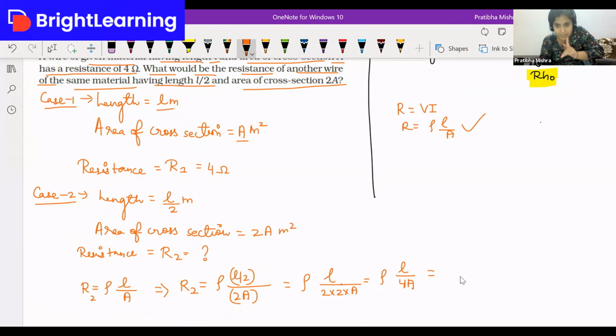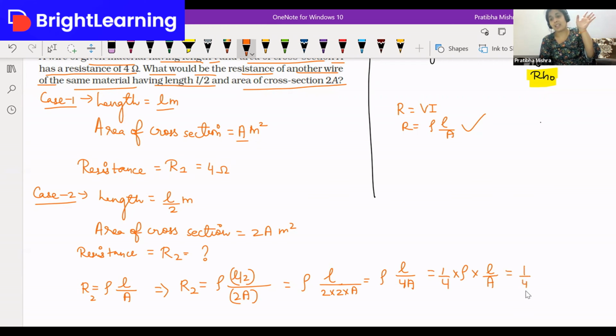Take 1 by 4 outside, or just separate it out. Multiply it with rho, multiply it with L, divide by A. The same thing, you're just rearranging it. First it was L by 4A, take that 1 by 4, put it in the other place. You're just doing that. You're not doing anything else.